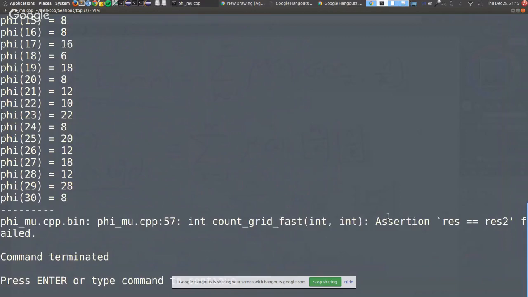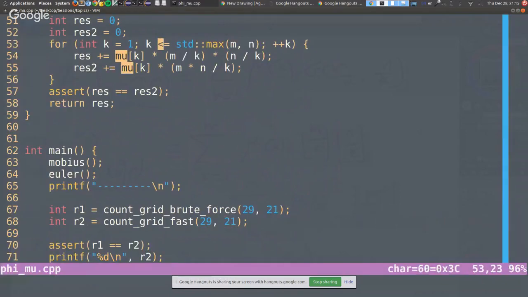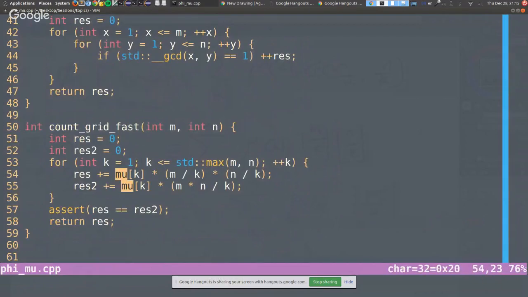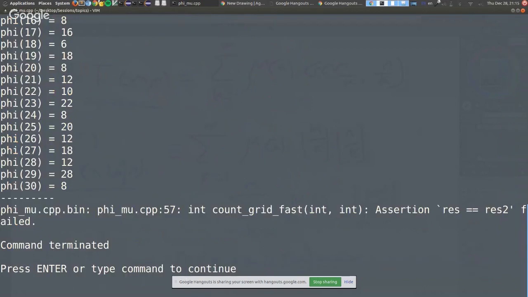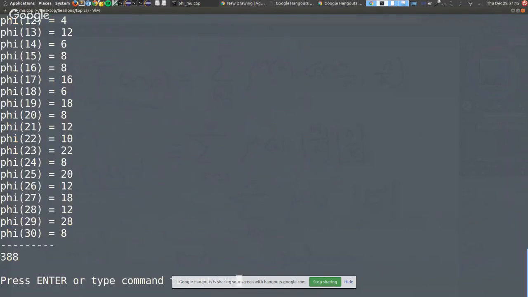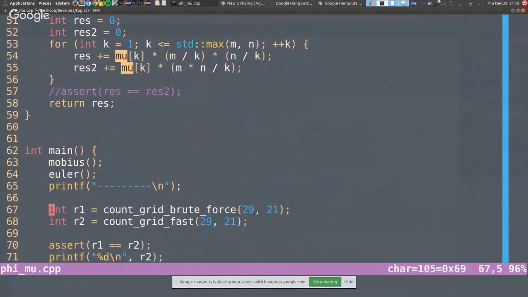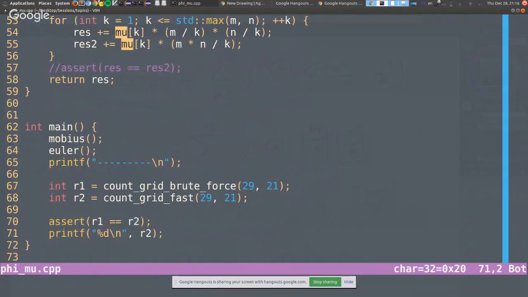Here we have the result, which is actually not what I assumed; it seems to be not correct. So why is that? Neglected for now. But here we are sure that the result is the same.